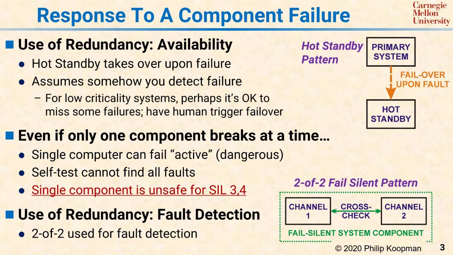Because this redundancy is used for cross-checking, it does not help availability. In fact, you can say it hurts availability by shutting down as fast as possible if something goes wrong, but that does provide safety.